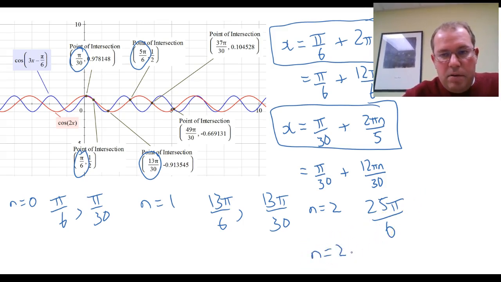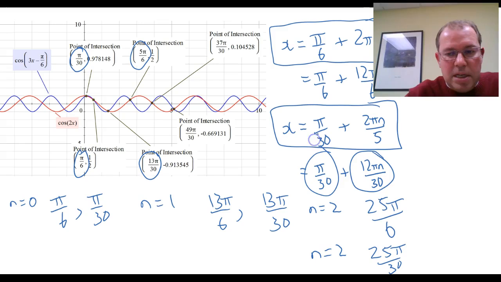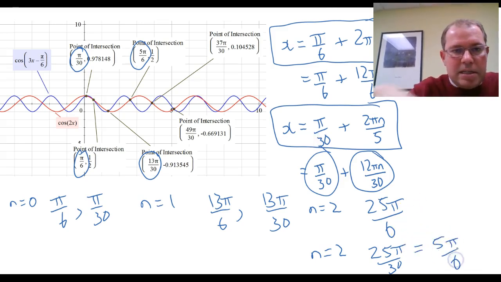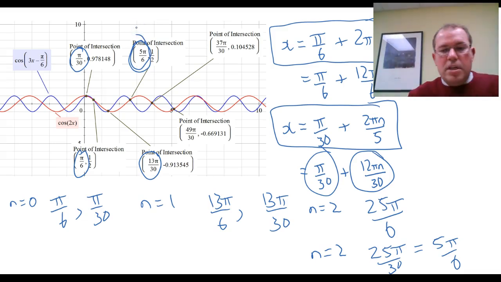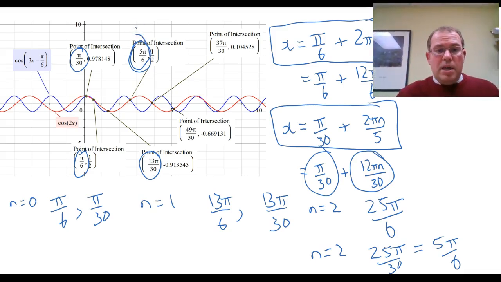So pi over 30 plus 24 pi over 30, there we have it. That would be 25 pi over 30, if I put n equals 2 into this equation here, and of course 25 pi over 30 is the 5 pi over 6 I was looking for there. So you can see that this formula does in fact work, and it creates all of the correct solutions for solving cos of 3x minus pi over 6 equals cosine 2x.